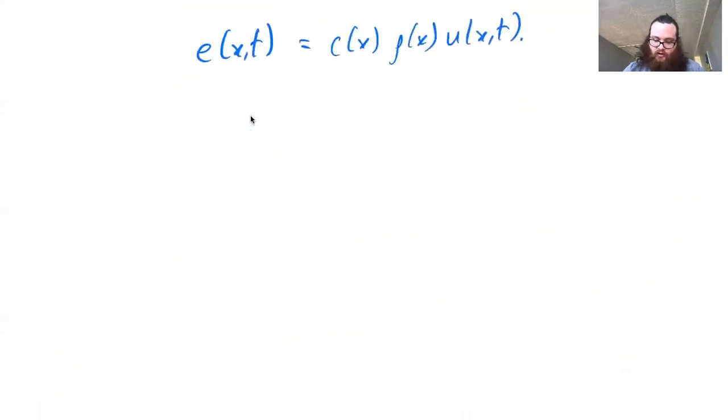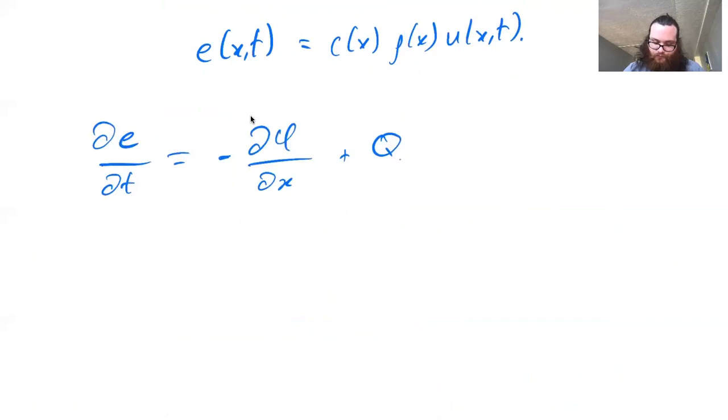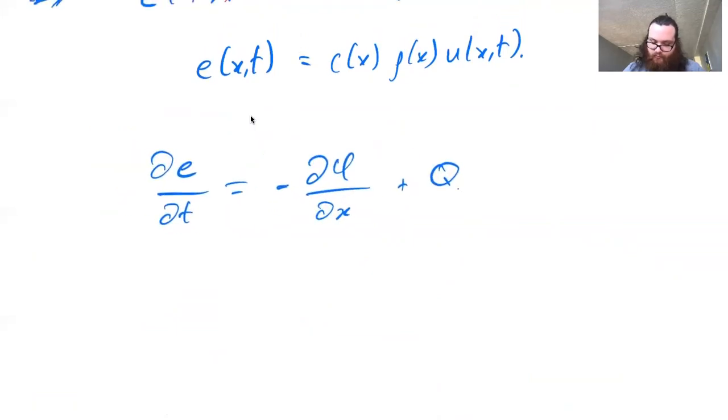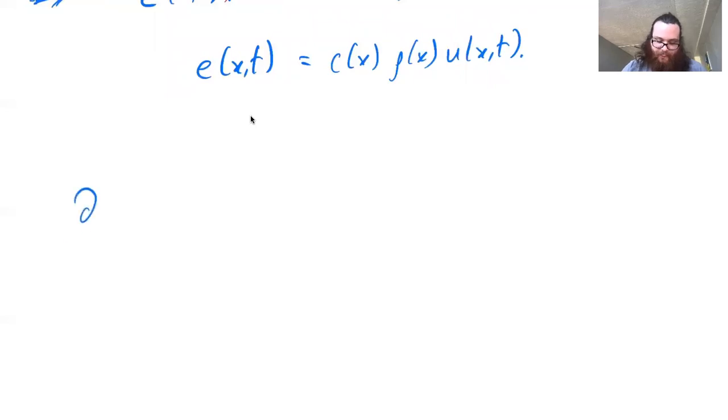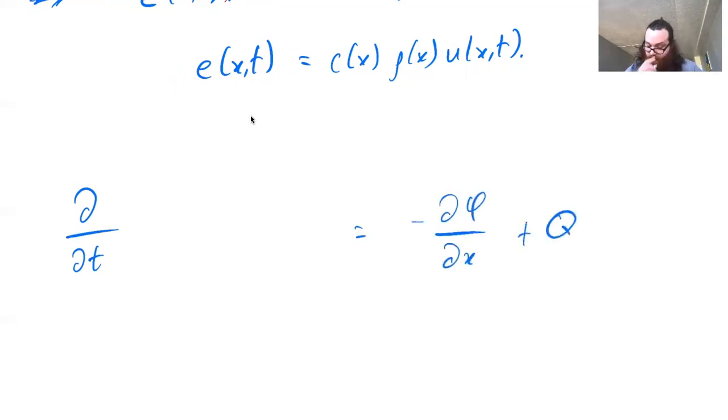If I paste that right here and make this bigger, instead of that E of x,t term, we have minus derivative of the flux plus the source.